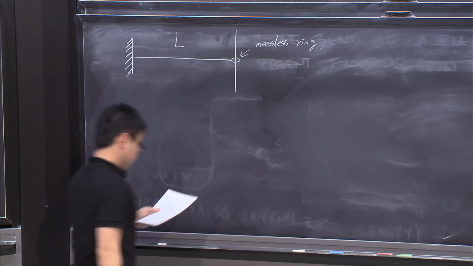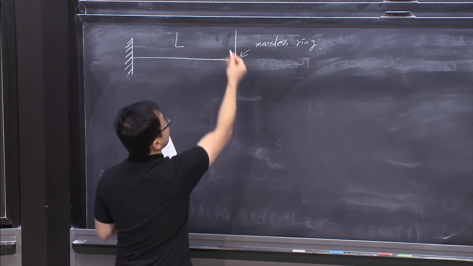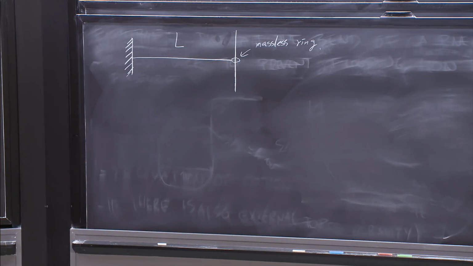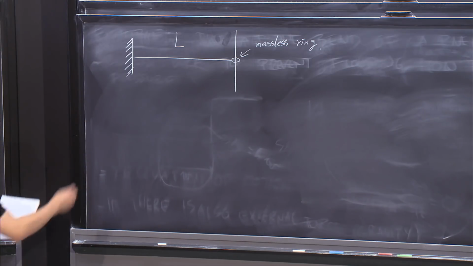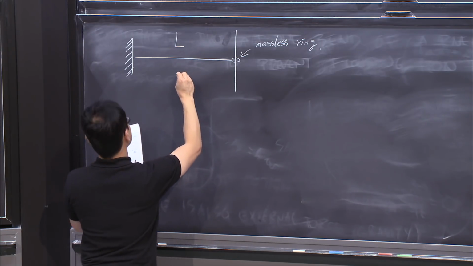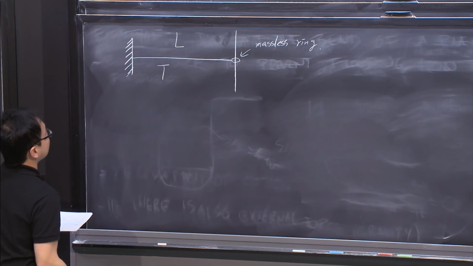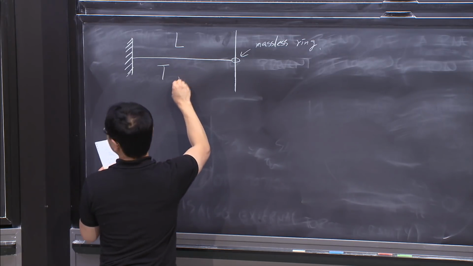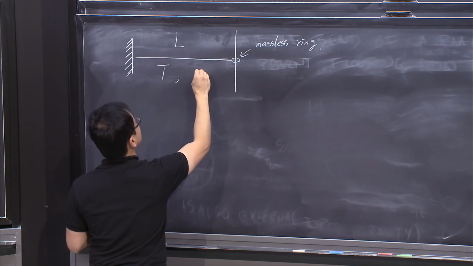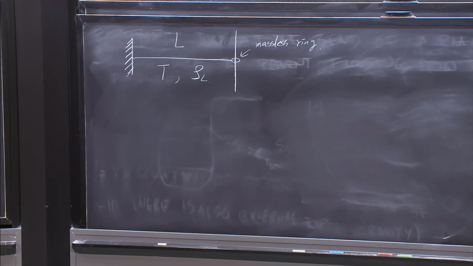This ring can move up and down along the rod on the right-hand side. I also assume that this string has a constant tension T and density rho_L, which is the mass per unit length.